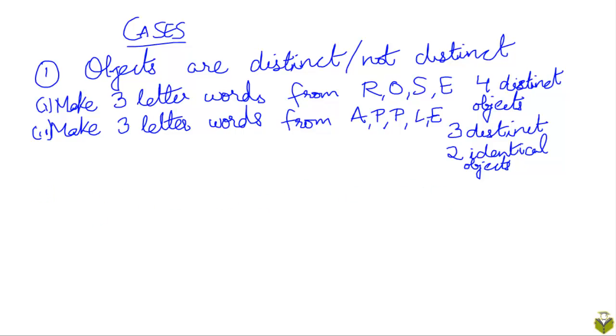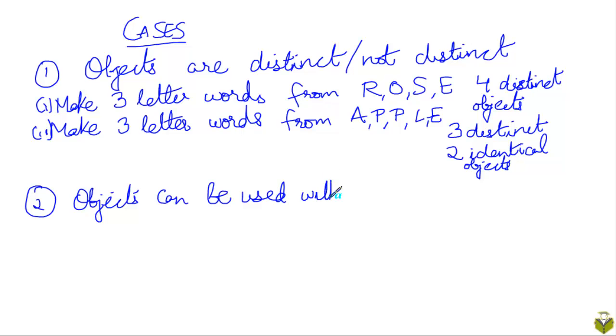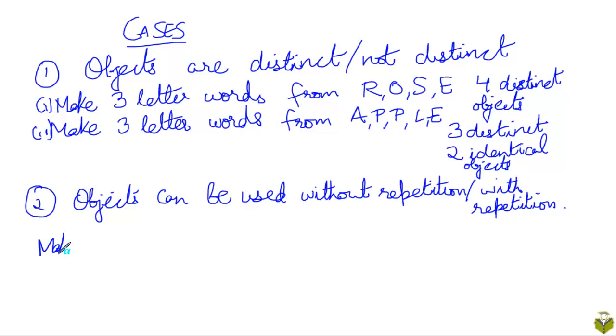So the second case which arises is objects can be used without repetition or with repetition. For example, a simple thing again, where we had to make 3-letter words from ROSE.